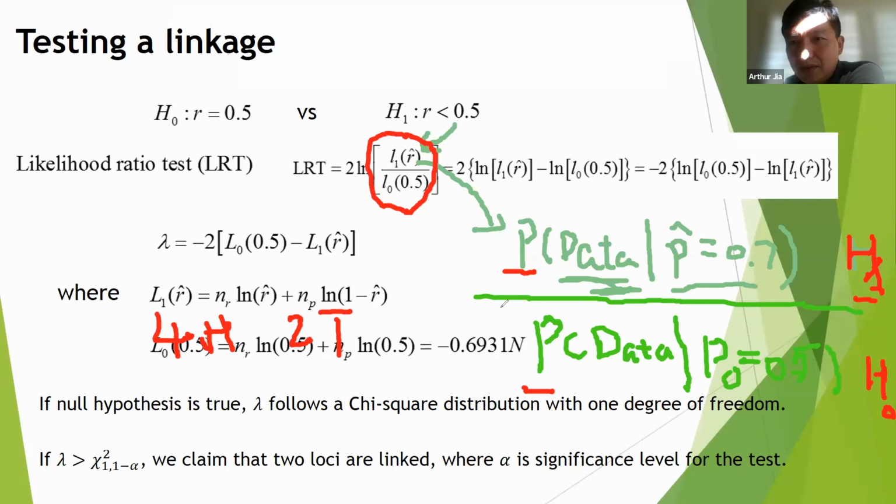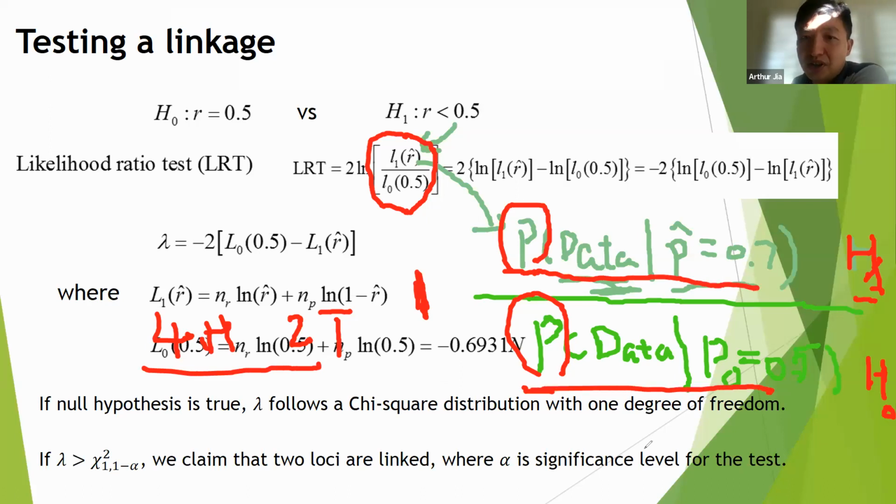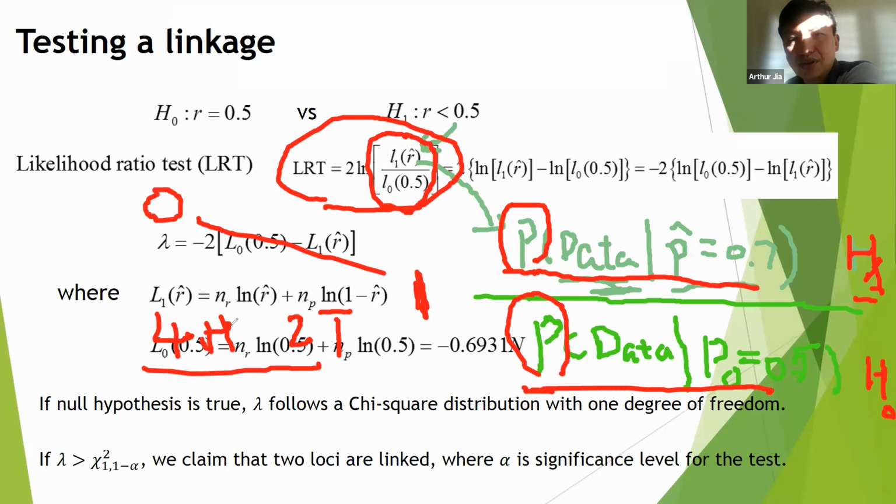Then this likelihood is very close to this one. So this likelihood ratio will give you some value like 1, right? Do you agree? Yeah, because if you got this data, the probability for this and this should be very similar to each other. Then you got a ratio which is close to 1. And then when you calculate the log times 2, this will give you something close to 0 or something like that.